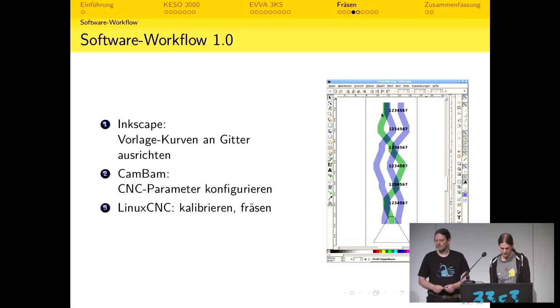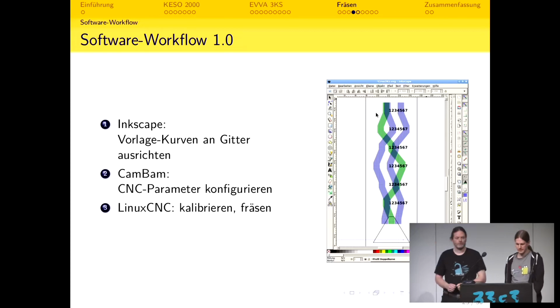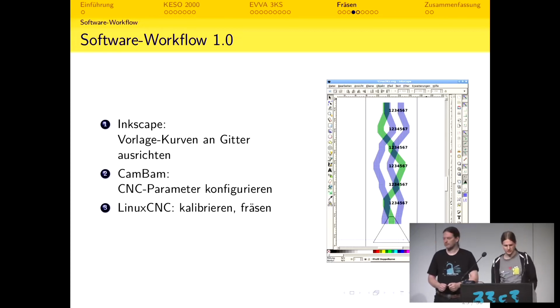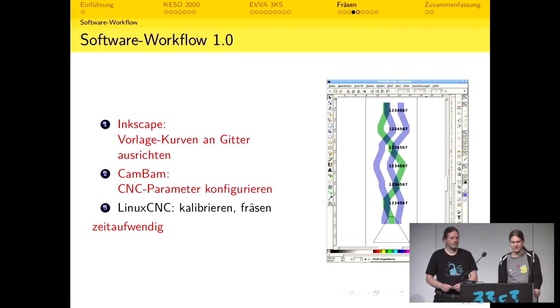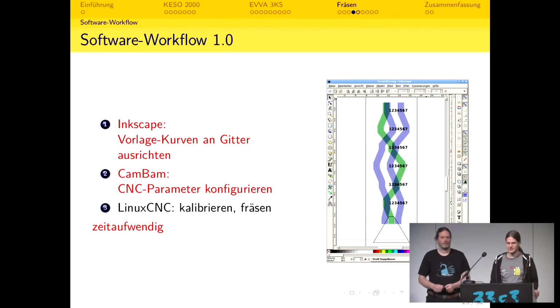So you'd use a grid to align your template curves. We already have the right distances for the double curve here. You import that into CAMBAM, and then you can mill your key. But this takes a lot of time. So if you do it manually, it takes you 5 to 10 minutes per key, just to have the milling data.